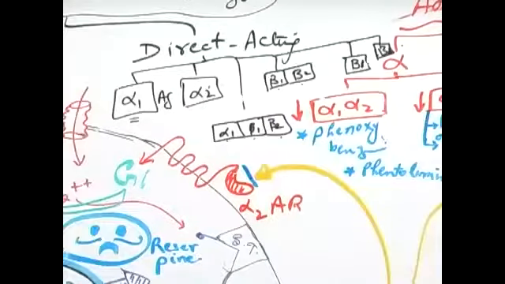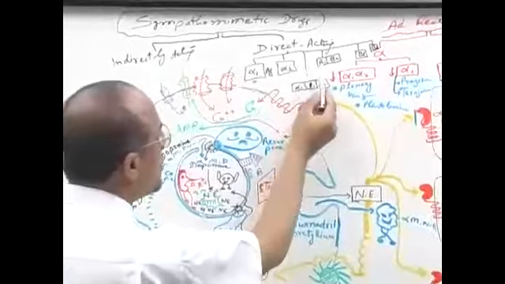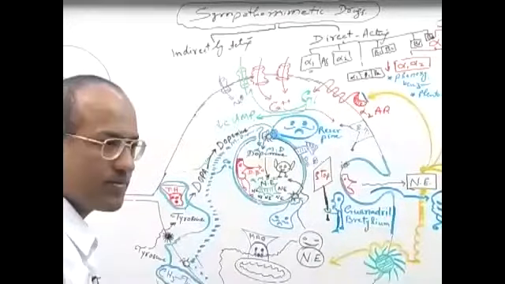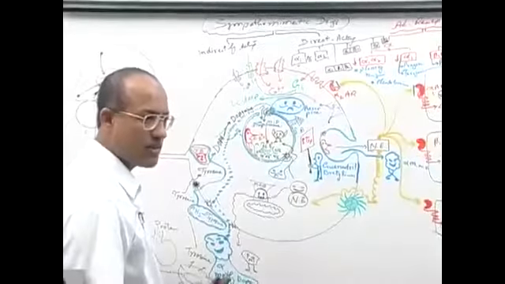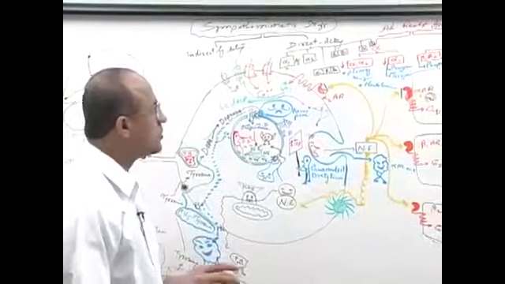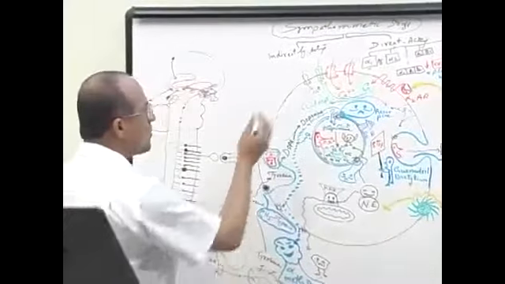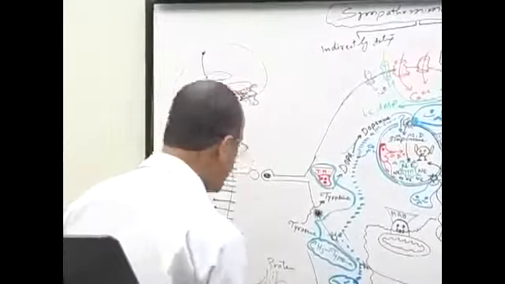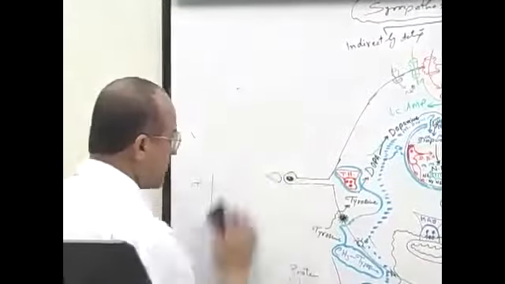How many categories? 1, 2, 3, 4, 5 and 6 categories. Is that right? Let's move step by step. First of all, the drugs which stimulate alpha 1. I will remove this area and compare and contrast them.